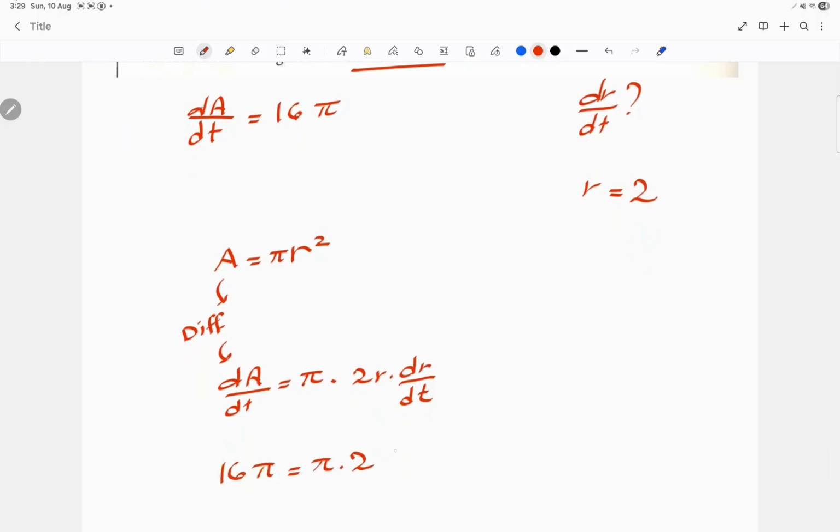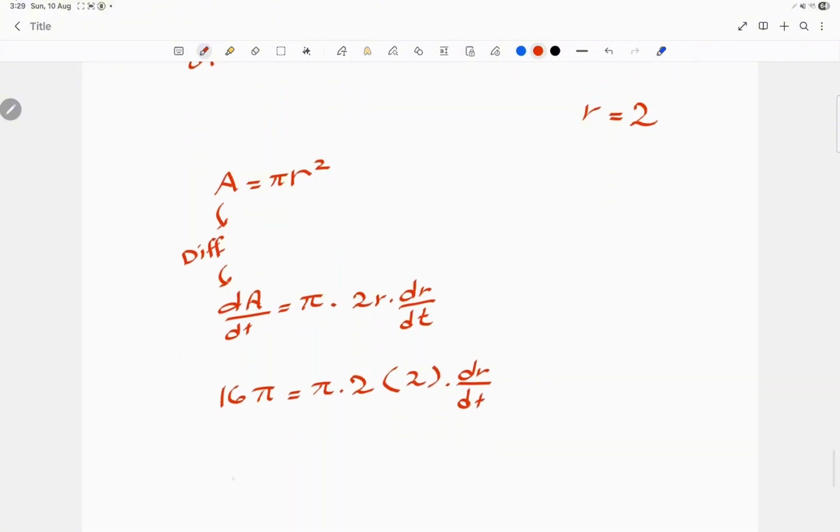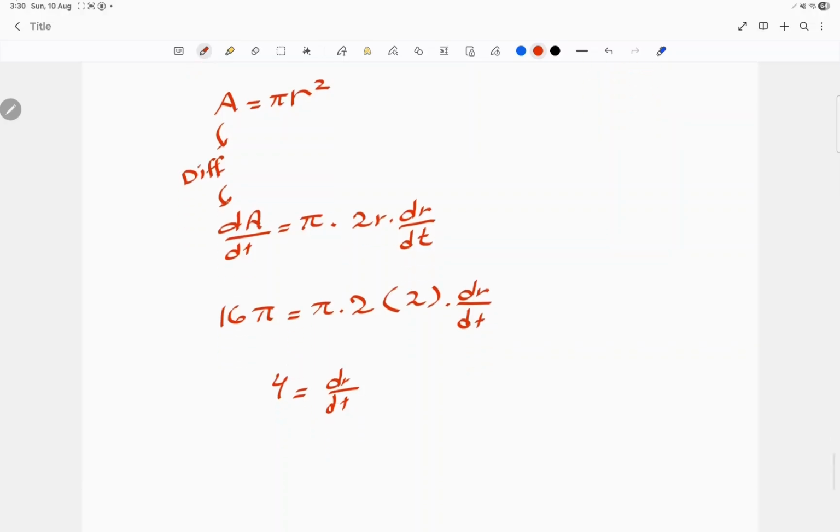Pi times 2 times r, r being 2, is 4 pi. So 16 pi over 4 pi. The pi cancels out. Divided by 4. And so 4 is equal to dr over dt. What's the unit going to be? Inch per second.